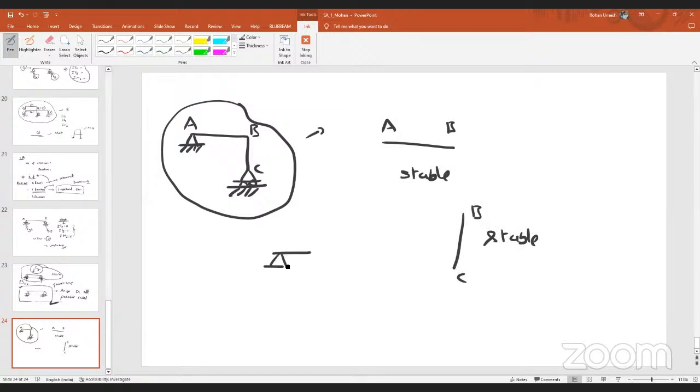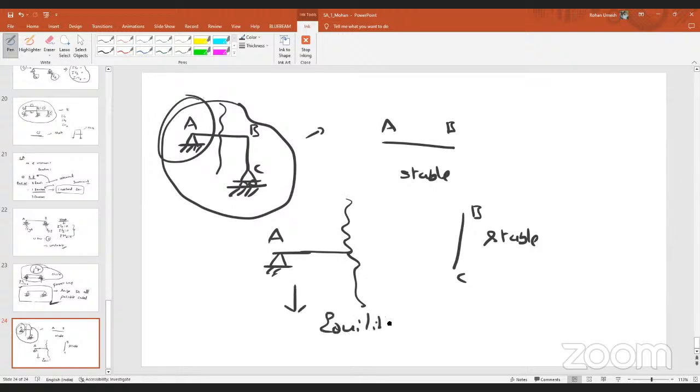Or even if you take any single part of the structure, say I cut somewhere in between like this, it should also satisfy the equilibrium equations. So just stick to your mind that if you take any part, any section, any component, that should also be stable.